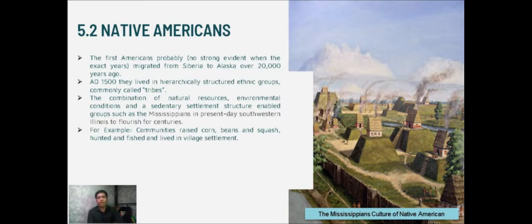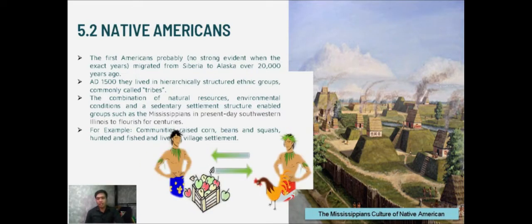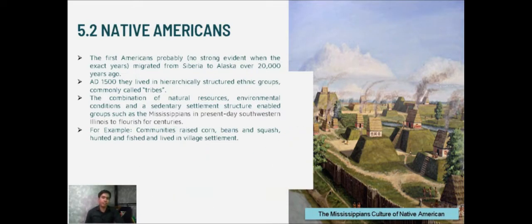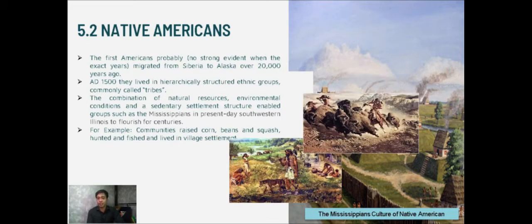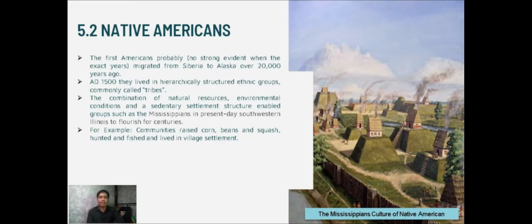These foods provided surplus that allowed some community members to engage in trade and other specialized activity other than agriculture, hunting, and gathering, making possible large city-like regional settlements.